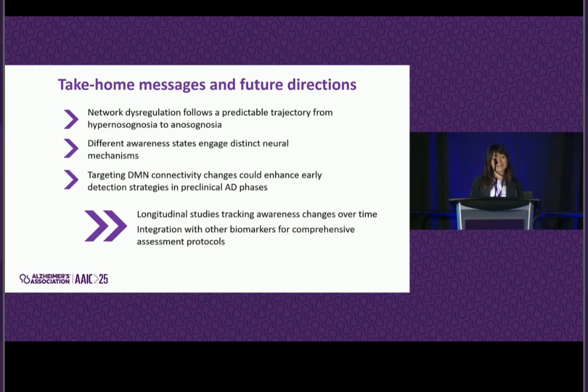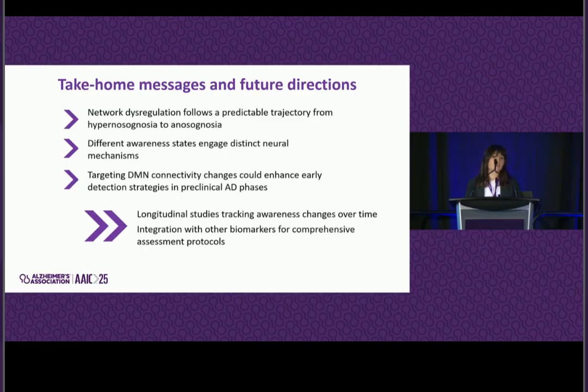We found a network dysregulation that follows a predictable trajectory from hypernosognosia to anosognosia, and we are aware that different awareness states possibly engage distinct neural mechanisms, and probably we can speculate that targeting the DMN connectivity changes could enhance early detection of strategies in preclinical AD.